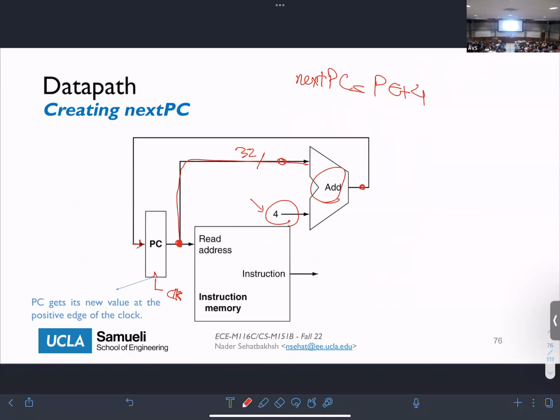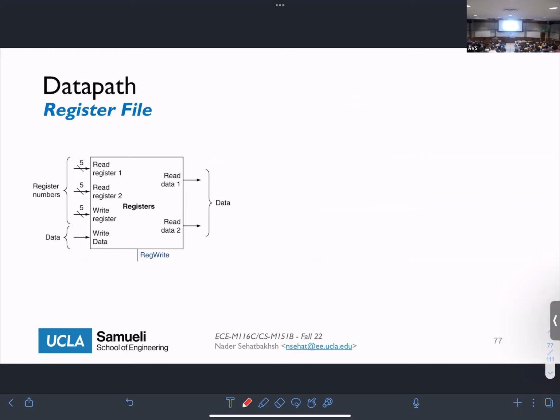So we build our next PC. And going back to the register file, I told you that the register file itself is a fairly complex structure, having two inputs for register 1 and register 2, data for the RD, and so on.